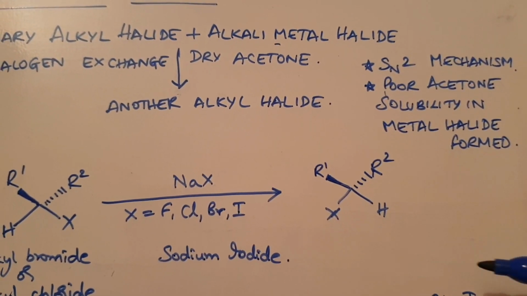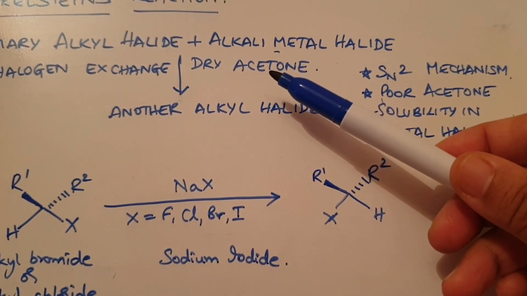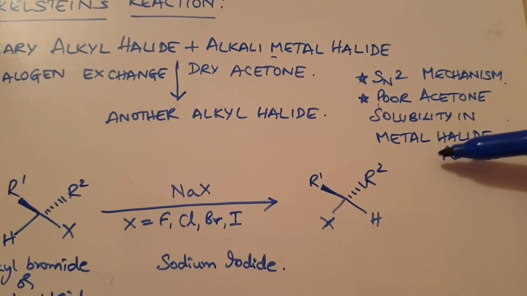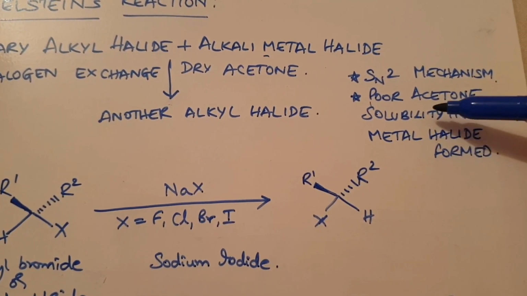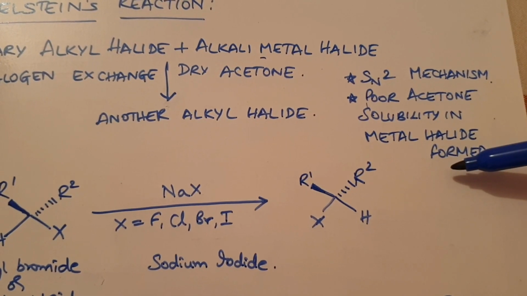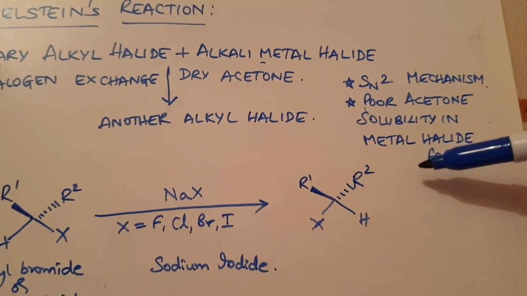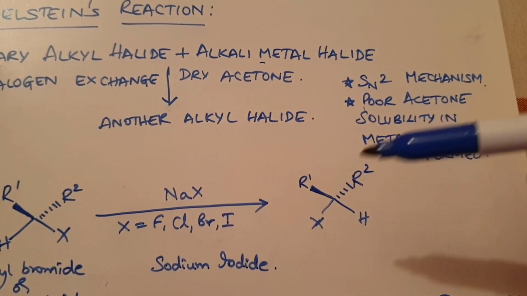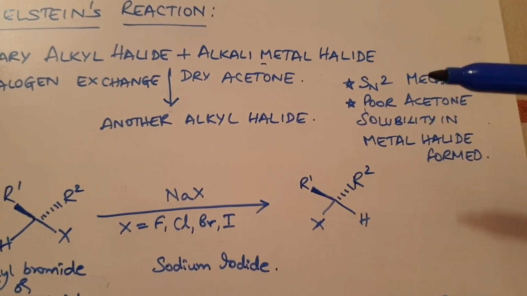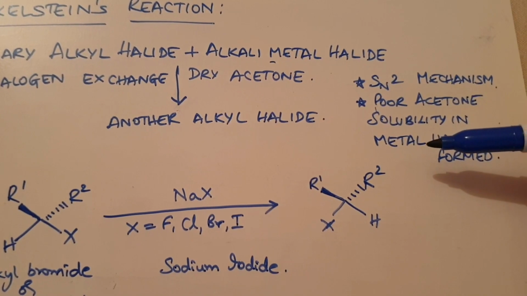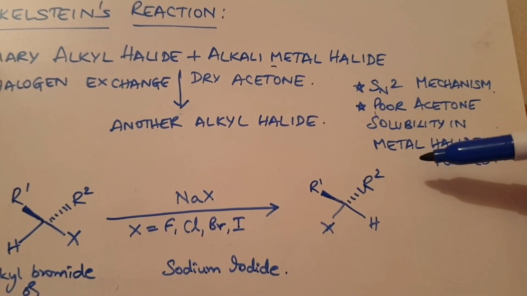Now let me tell you why this dry acetone is being used. Now we are talking about the different solubilities of the metal halides, and we're taking advantage of solubility of one of the metal halides and insolubility of the other metal halide.